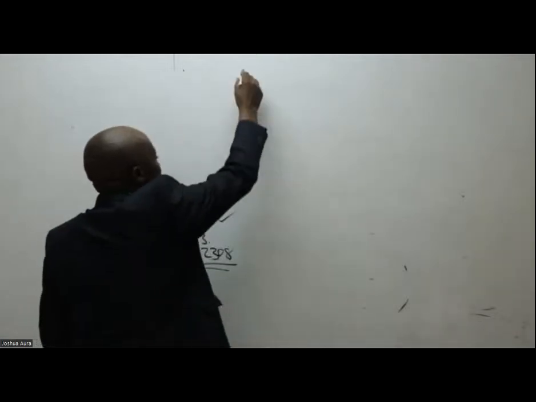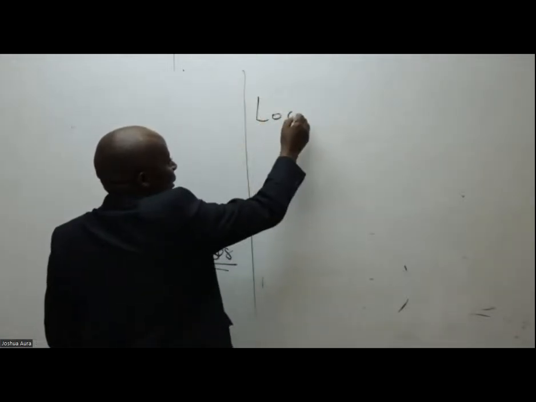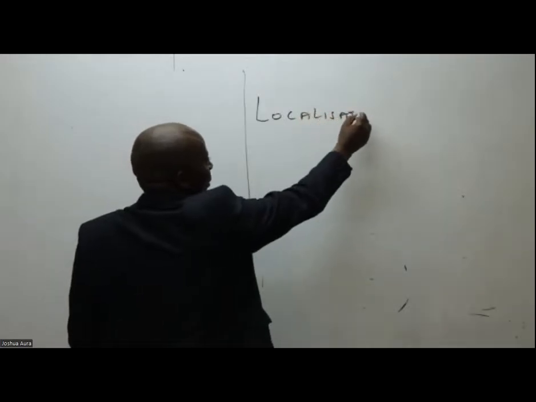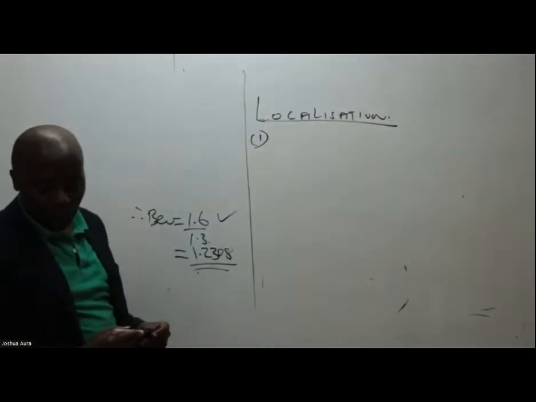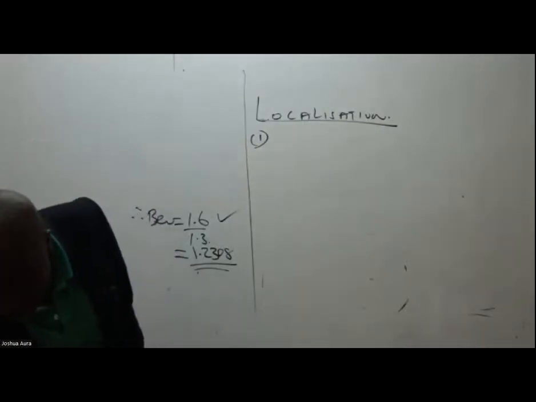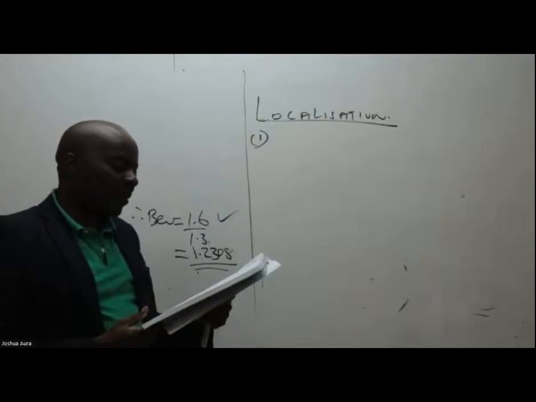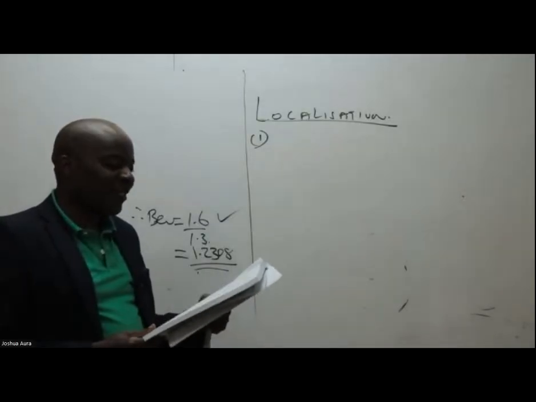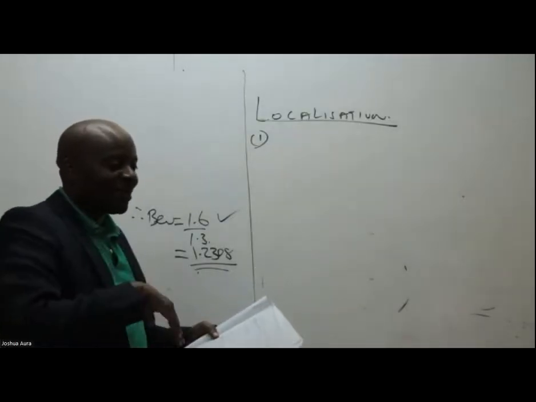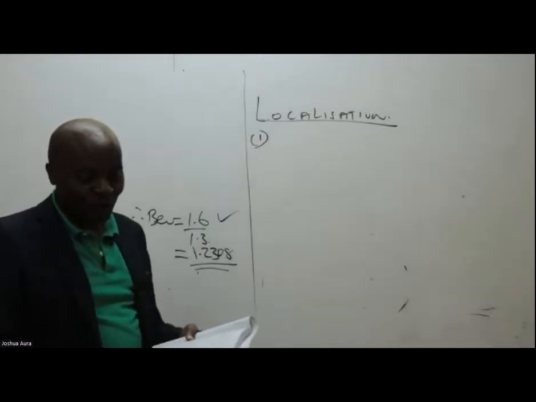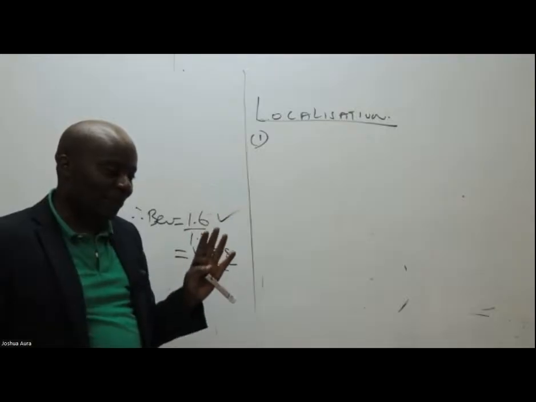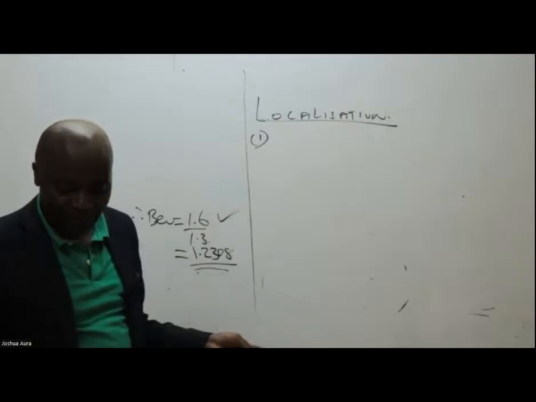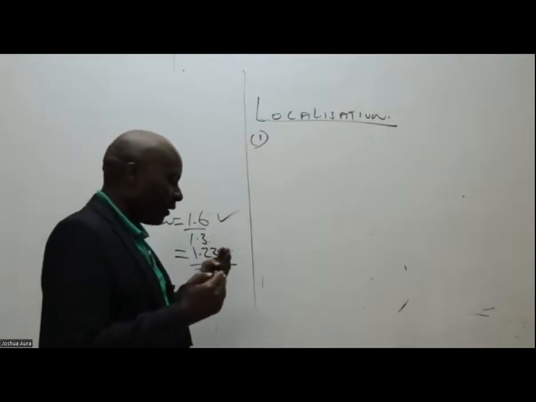What I'm doing now is the localization, and we start with number 1. I've got 3 scenarios there, 30% debt and 70% equity. I would have wanted to avoid this step, but let's just be procedural.